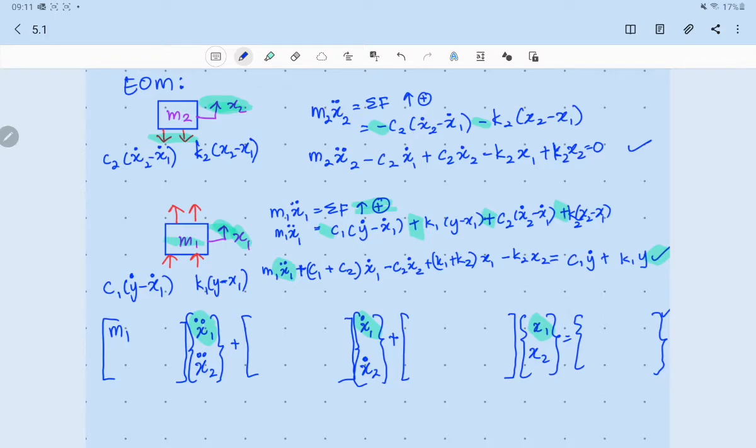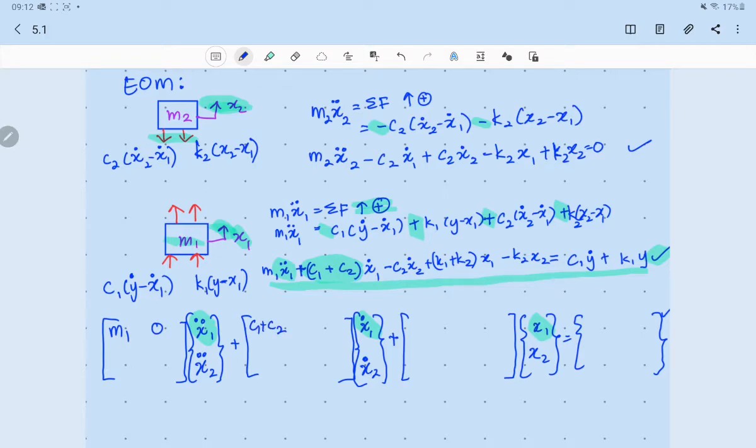There's nothing in this equation that actually has x double dot 2, so you just write 0 for x double dot 2. And for x dot 1, you have this expression, c1 plus c2, so I can go ahead and write that one, c1 plus c2.